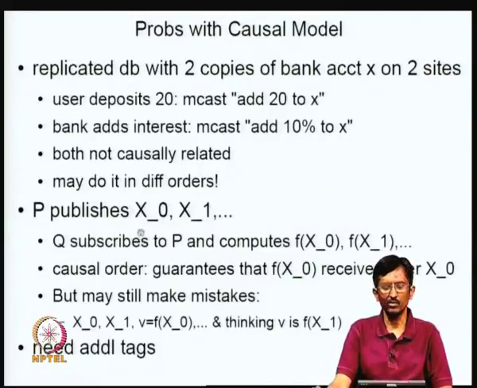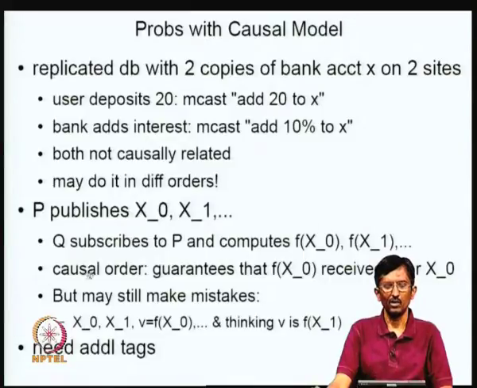The other issues similar to this: let us say that you have 2 entities P and Q. P is publishing certain values, it is computing. Basically, it is a publish subscribe paradigm. So, P is publishing these various values, and Q is picking up these values and computing some value.